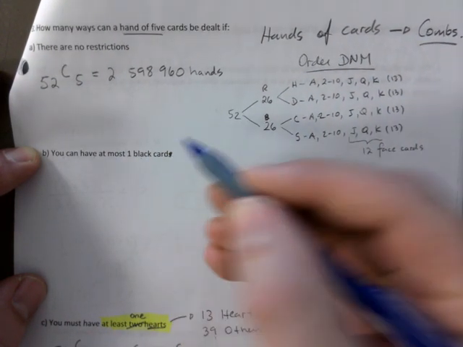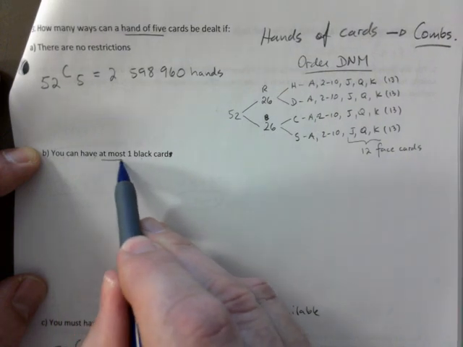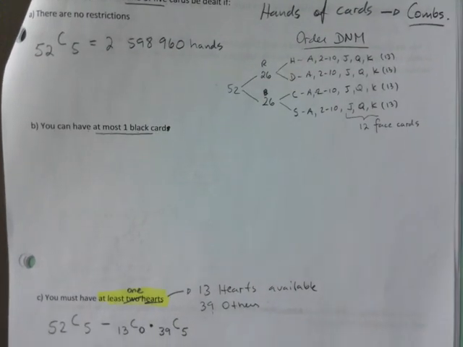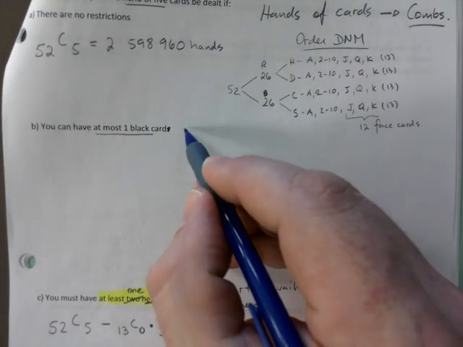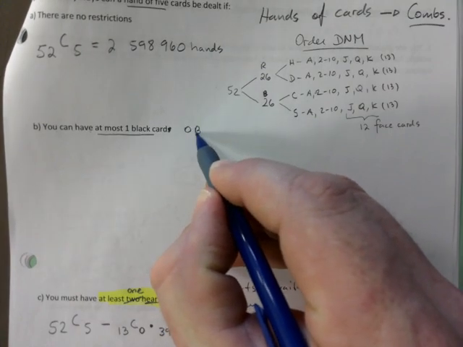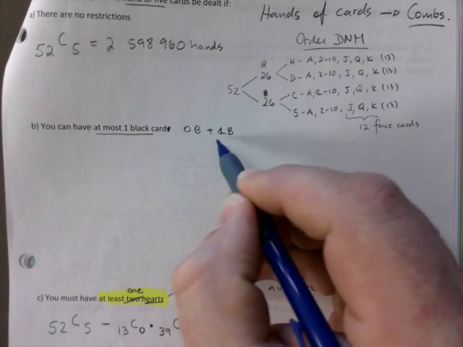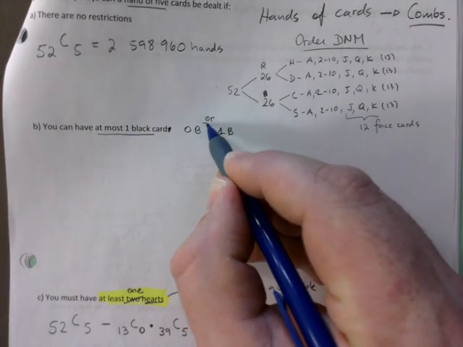When it's at most, translated, what is that saying? It says either 0 black or 1 black. This is or.